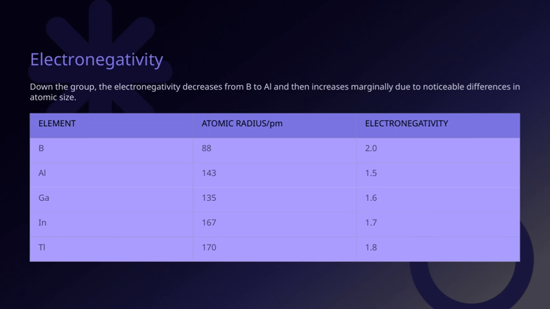So the key takeaway here is that while the overall trend down the group is decreasing electronegativity, the atomic size differences cause subtle variations, especially noticeable when comparing elements like aluminum and gallium. This interplay between atomic size and electronegativity is crucial in understanding their chemical behavior, which ties back into the broader theme of how atomic structure influences element properties.